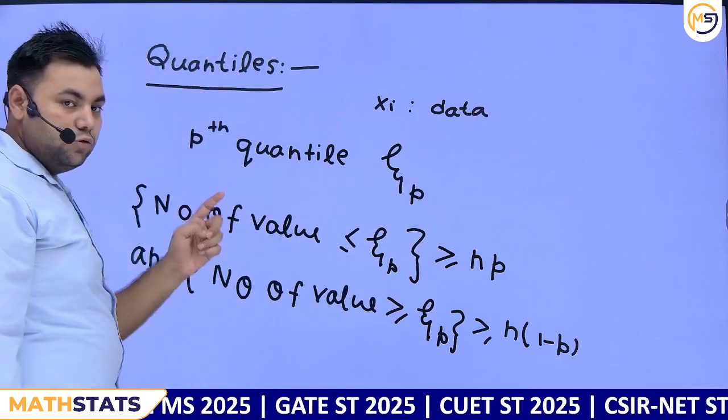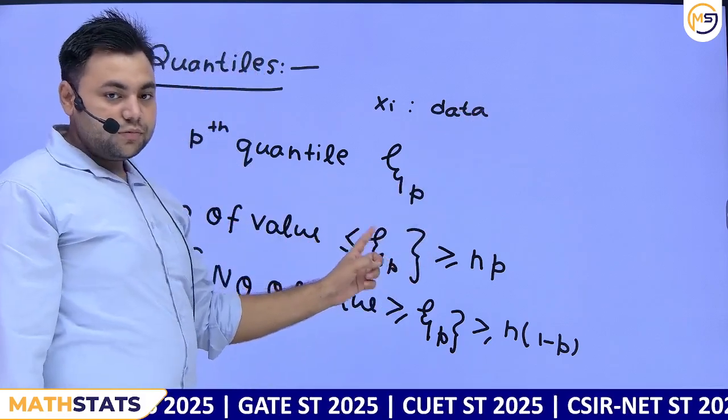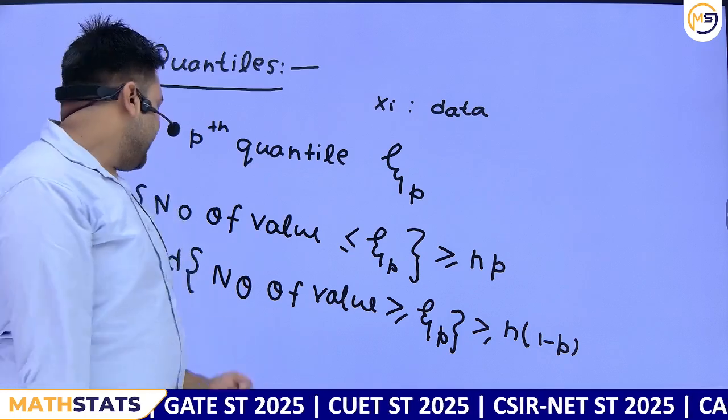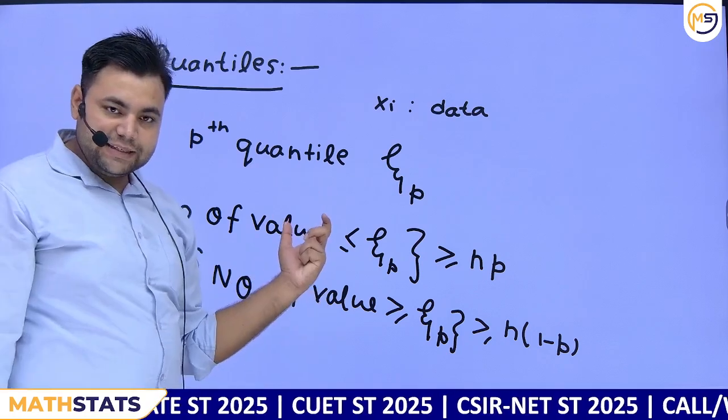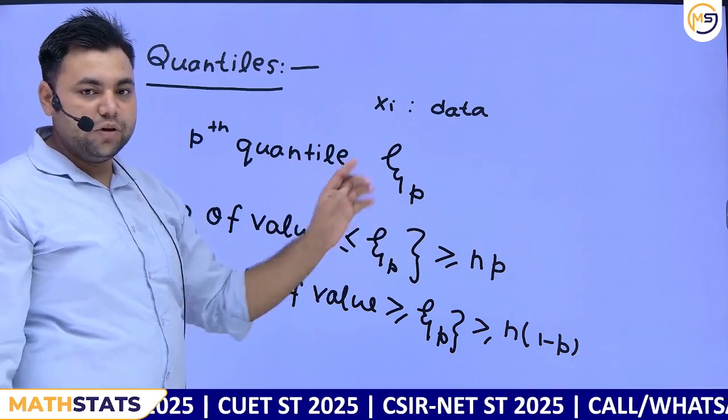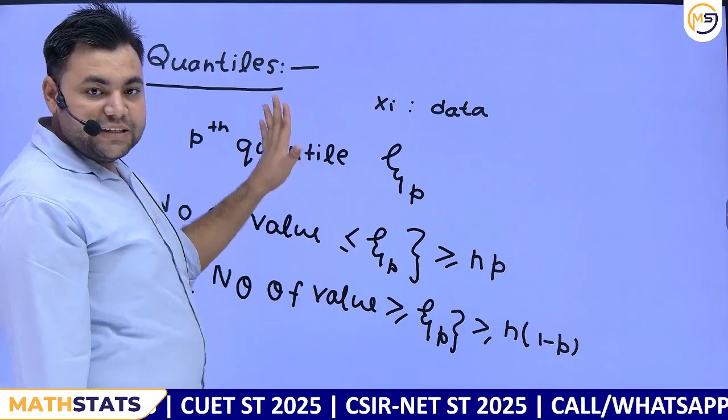So the number of values below Q of P is more than or equal to p, and the number of values above it is more than or equal to 1 minus p. So this is the definition of quantiles.